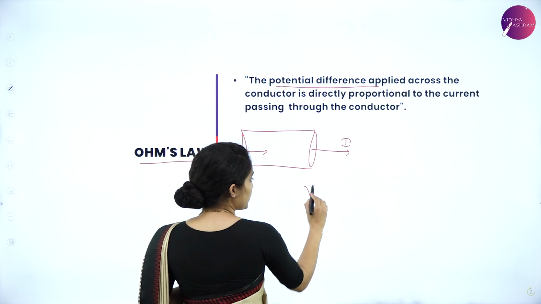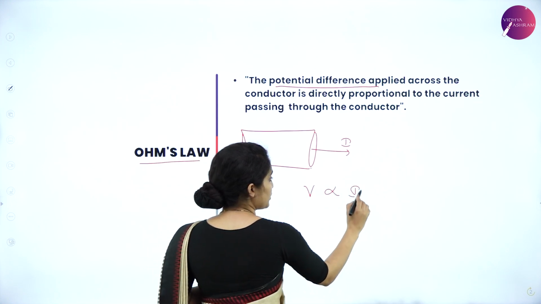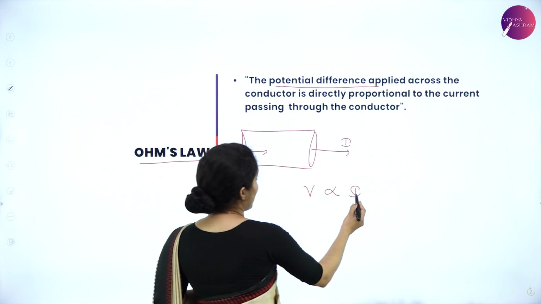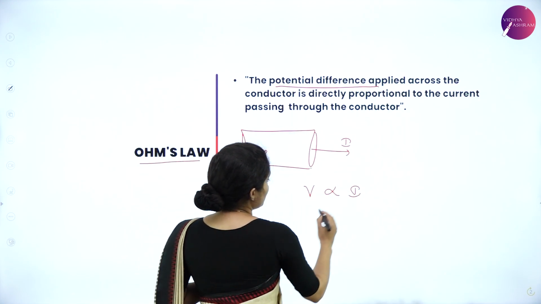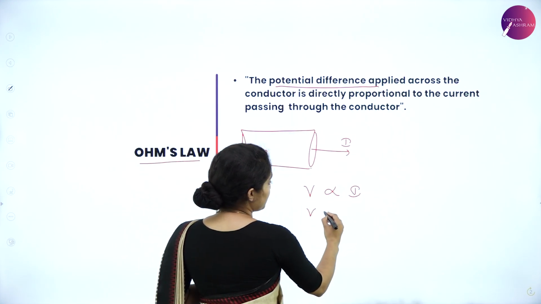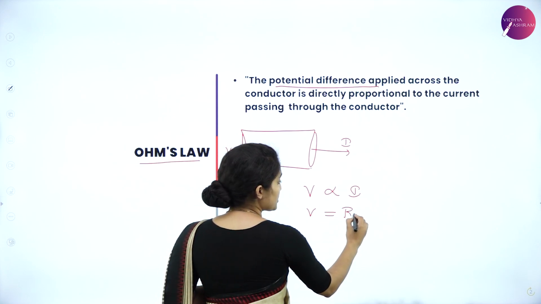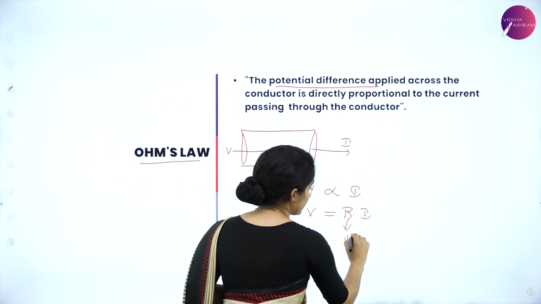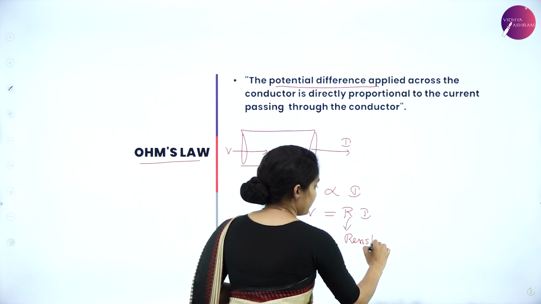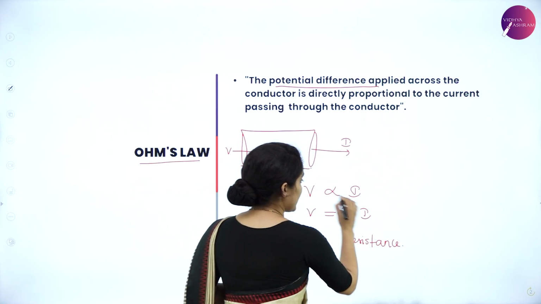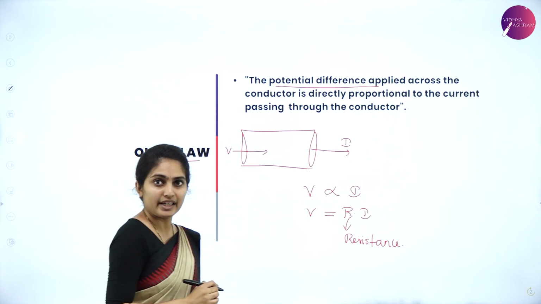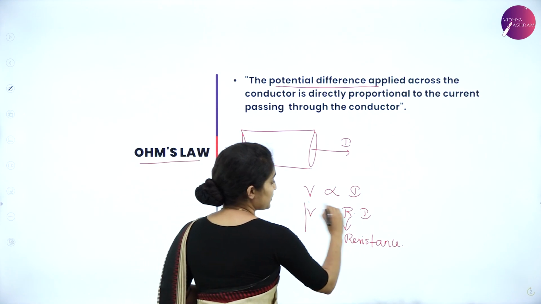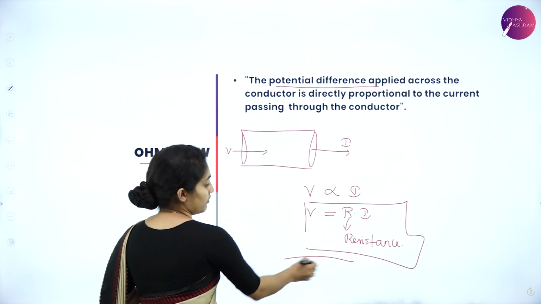So we have potential is directly proportional to the current passing through it, which is given in terms of I. Removing the proportionality constant, we have something which comes there. That is R, where R is known as resistance, which means V is directly proportional to I. V is equal to I into R. So this concept is known as Ohm's law.